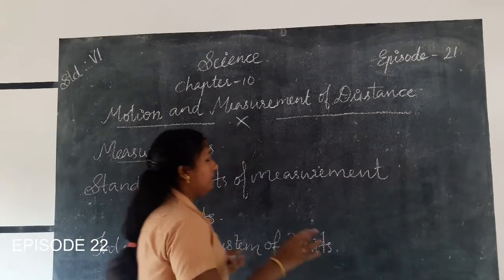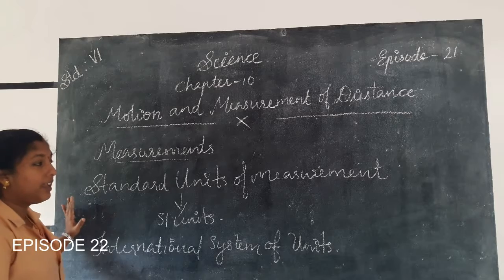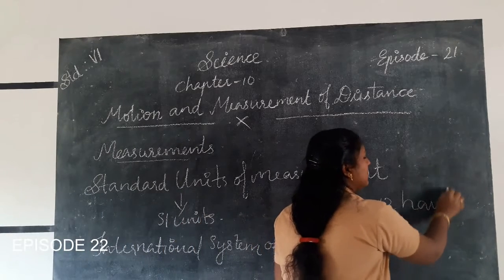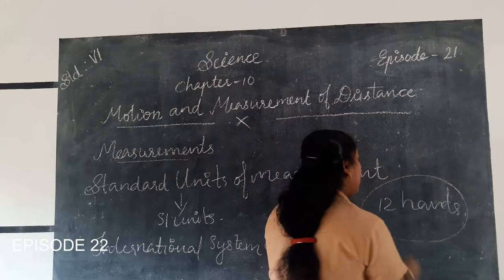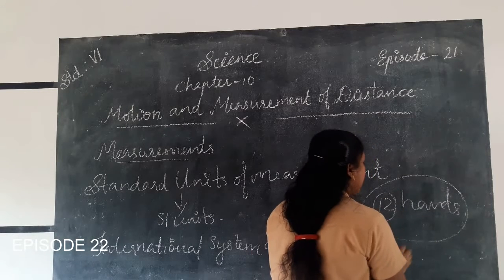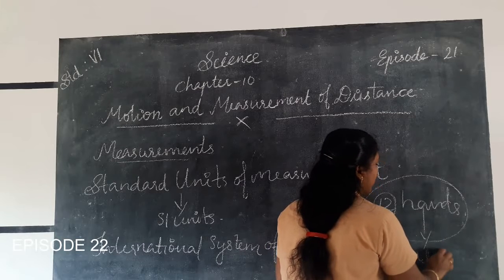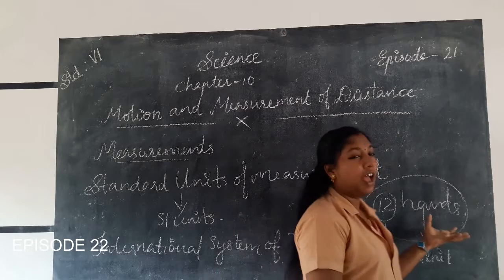So the length of the blackboard is 12 hands. A measurement contains two terms: first a number, and then a unit. Here the number is 12 and the unit is hands.